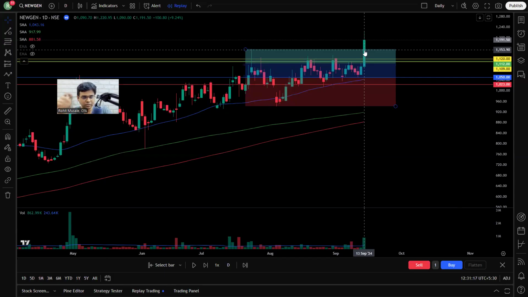Would you like a stock which has gone up 10% to come back and hit your 8% stop loss? For that, the stock first has to travel like 9%, then another 4, 5 or 6% to hit your 8% stop loss, right? So the stock will have to travel like 15 to 16% to come back and hit your stop loss. Would you like that to happen on a position?